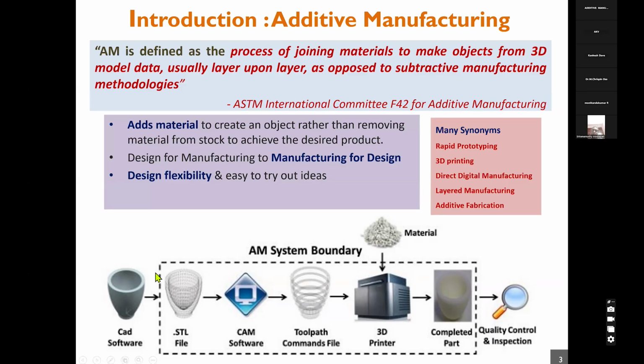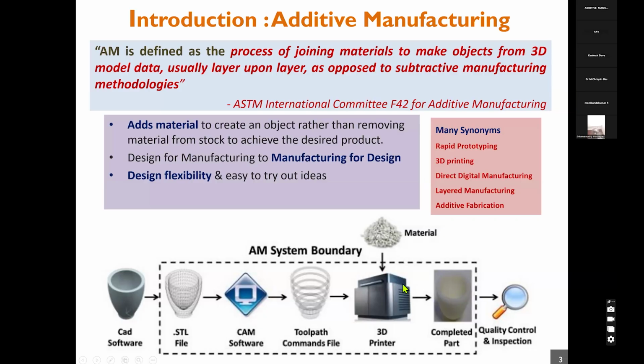So the starting point for additive manufacturing is the CAD software, wherein we have the 3D model of the part that needs to be made. And once we have the 3D model of the part from the CAD software, we can get the .stl file, which is nothing but the input that is fed into the CAM software. And the CAM software generates the toolpath commands or the slicing data that is required to make the 3D printed part.